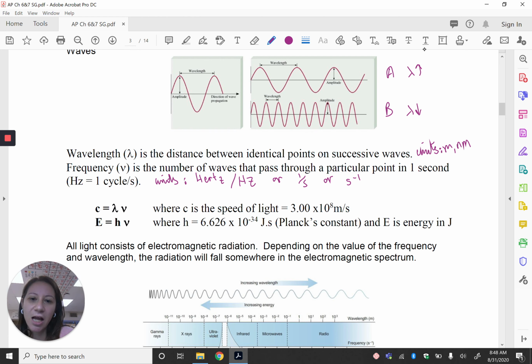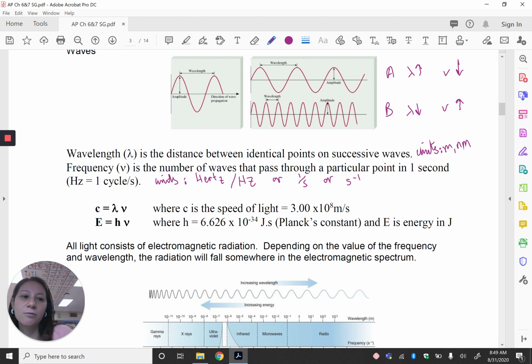So if they had the same speed, which is the speed of light, right, for all light waves, this wave B happens a lot more frequent than wave A. So when it comes to frequency, this one has a much higher frequency, this one has a lower frequency, right? The longer the wave, the less frequent it will be in a given amount of time. The shorter the wavelength, the more frequent it's going to be in a given amount of time.